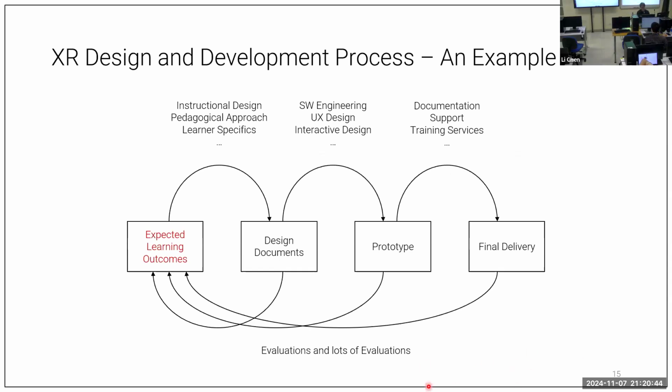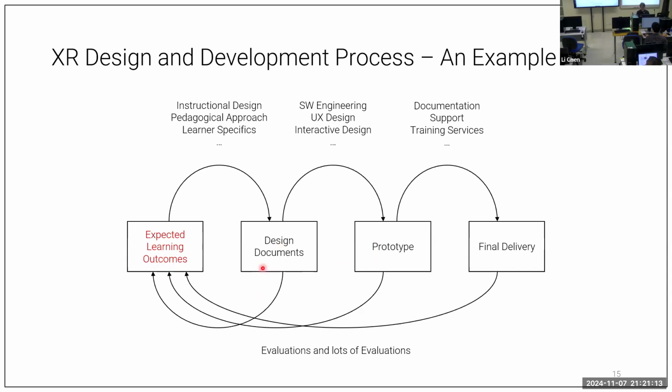For example, this is an example of how I do XR applications for educational purposes. It may sound a little bit complicated, but I will go through it one by one. First of all, you start with expected learning outcomes, because it's for educational purposes, so we care about whether it can help people achieve their expected learning outcomes.